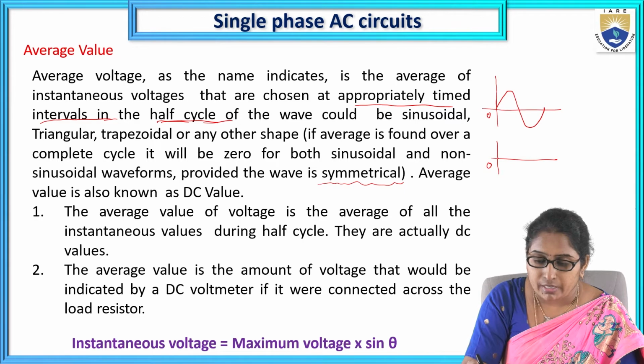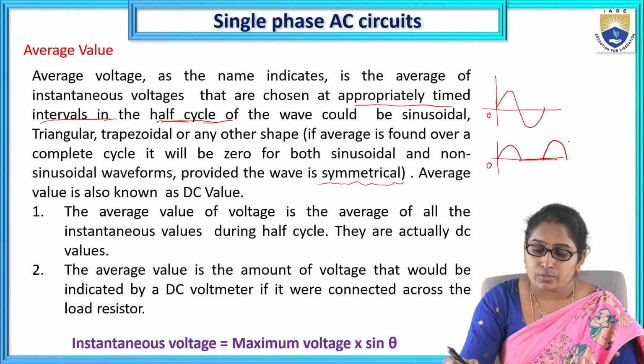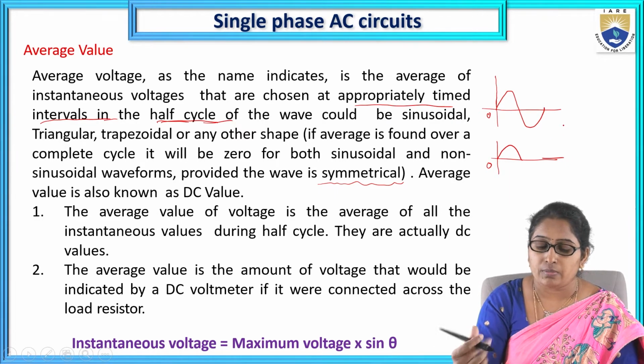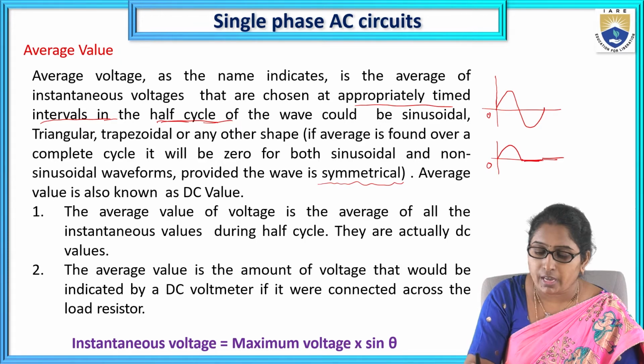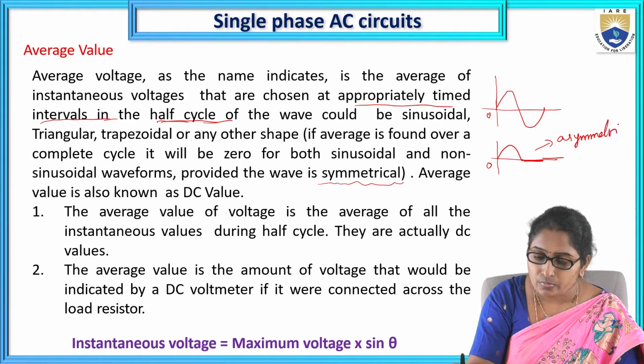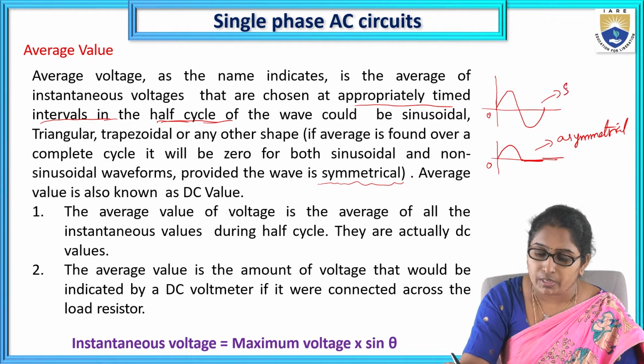For example, this is an asymmetrical wave. If it has only a positive cycle, it is asymmetrical, and this is a symmetrical wave.